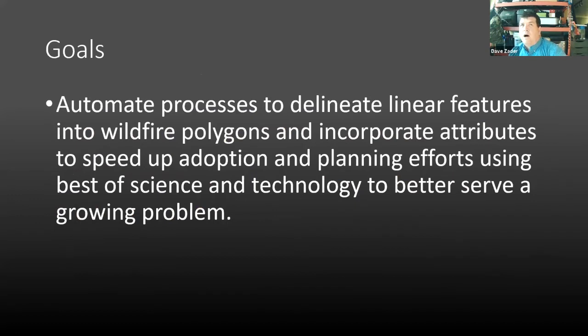So the goal is to automate the process to delineate linear features, and to make that as simple as possible so that there's less work involved and more adoption, so that it's a system. And not only do we need that system, but we need a system that is more standardized and common across all firefighting agencies. So I think I finished right on time, and I'll leave it open for a few questions here.